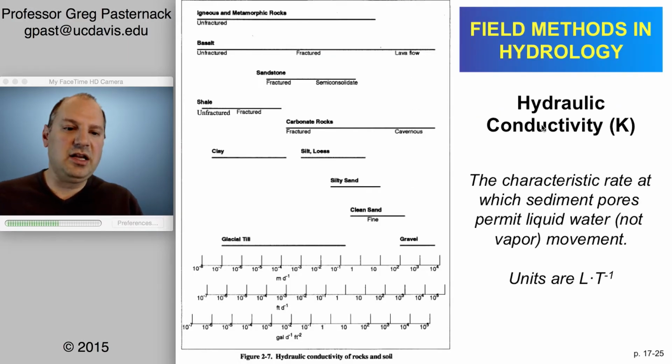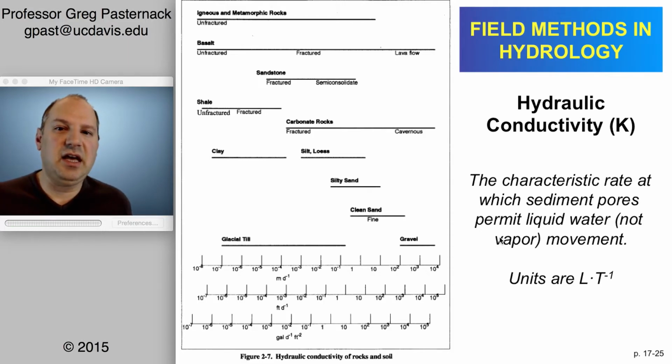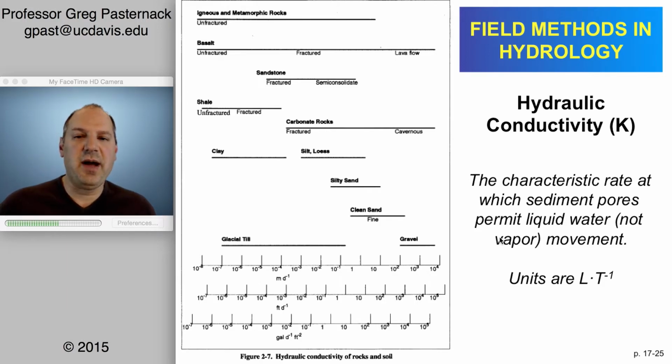So hydraulic conductivity is the characteristic rate in units of length per time at which sediment pores permit liquid water movement. If the material, this porous media, is sedimentary, like an alluvium or colluvium, then it's largely going to be governed by the grain size distribution and the packing of that material.